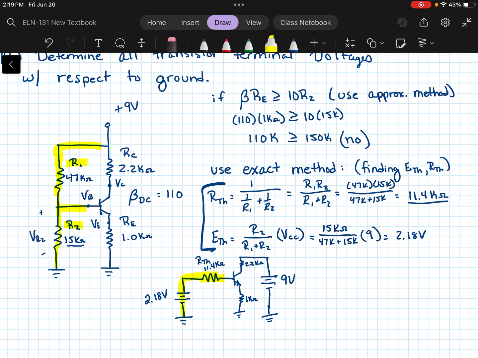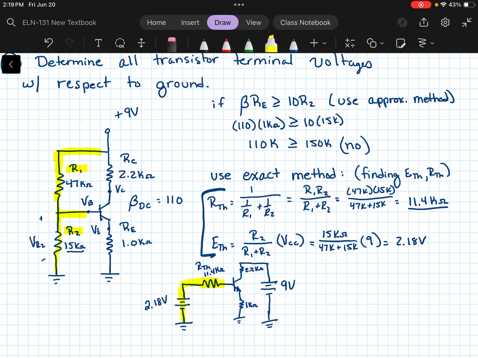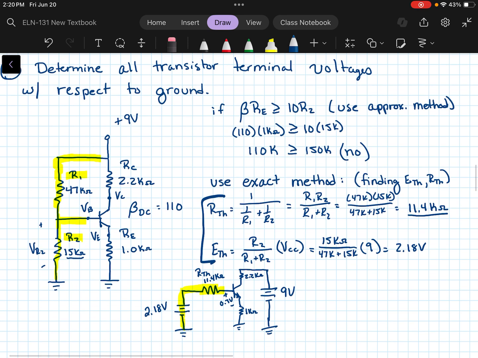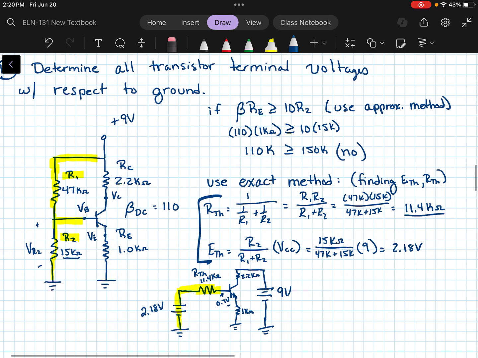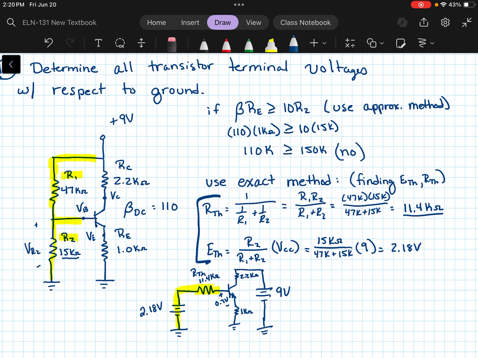Okay, so now we want to find all of our voltages with respect to ground. So how are we going to do this? Well, first of all, remember that you're going to have your 0.7 volt drop here. Now, you can just use the equation that you're given in the book. I actually like to go back and look at the KVL for this loop here.